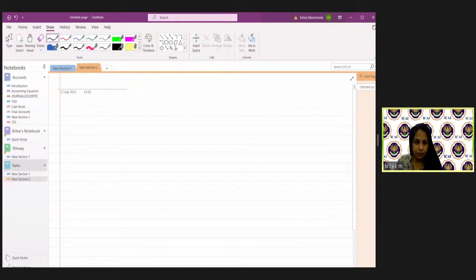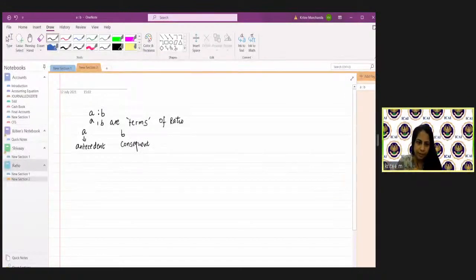We studied about the ratio A is to B, that is identifying the relationship between A and B, or doing a comparison between A and B. So A and B are named as terms of ratio, where A is antecedent and B is consequent. That was the first thing we studied.